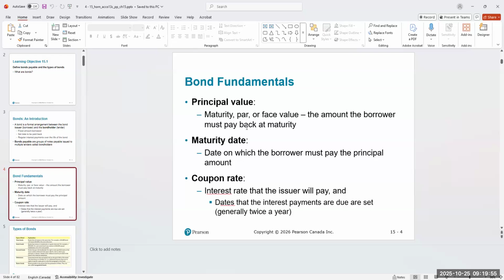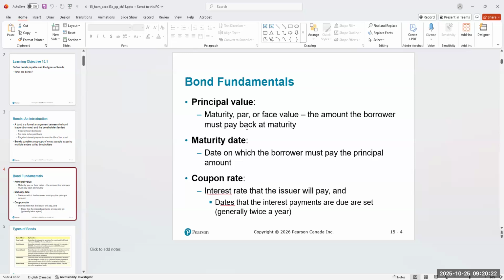Maturity date is pretty much the date on which the bond matures, means expires, means whoever borrowed the money has to pay the principal back. Since it's a formal contract, that date specifically will be communicated to the borrower.